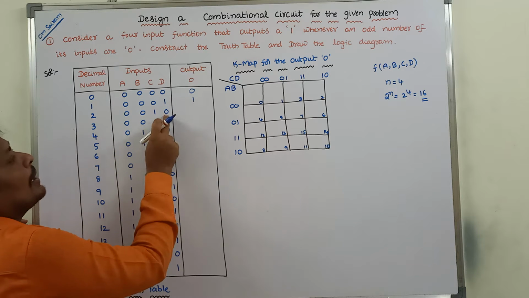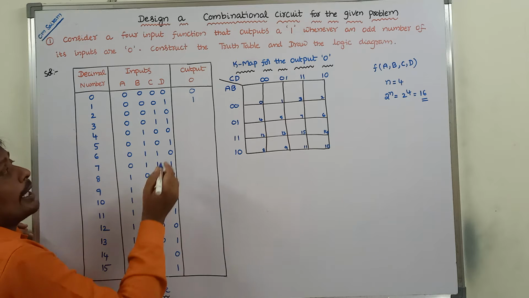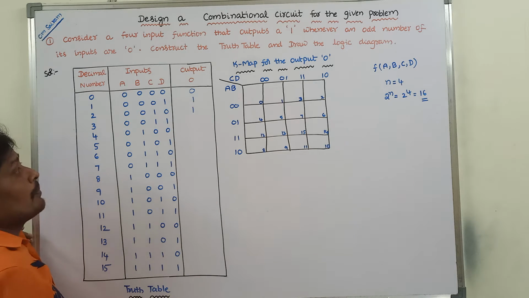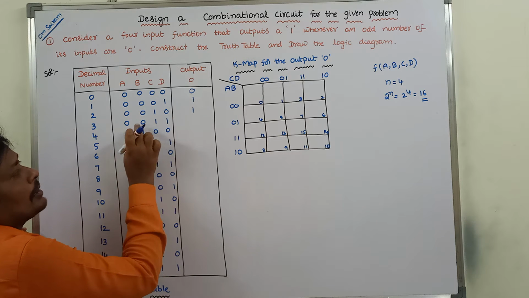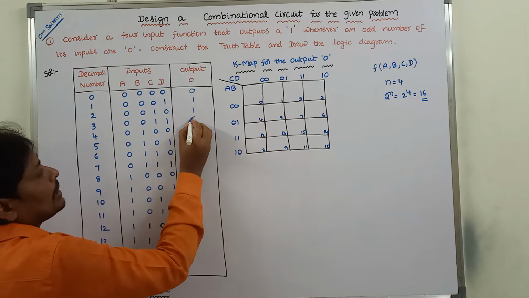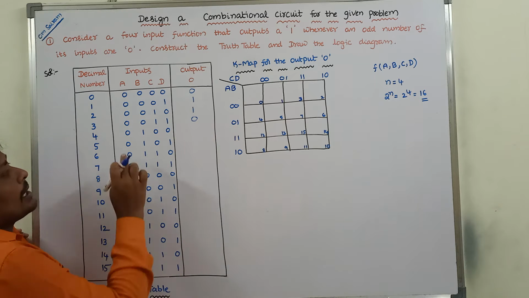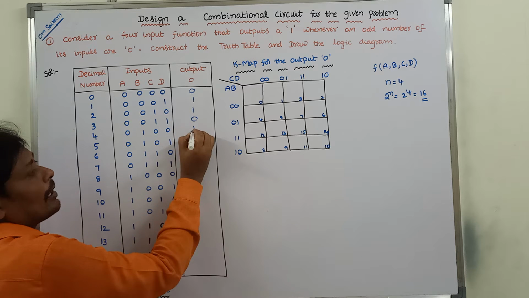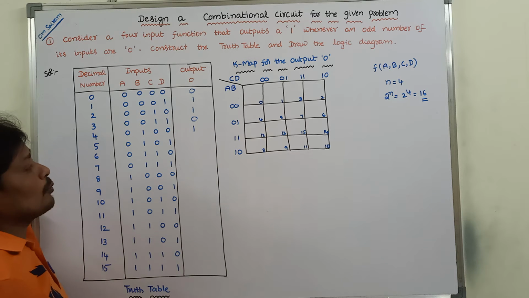Next, 3 zeros, an odd number, so the output is 1. Next, 2 zeros, an even number, so the output is 0. Next, 3 zeros, an odd number, hence the output is 1.